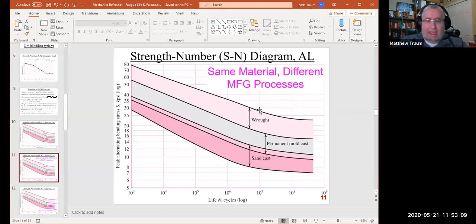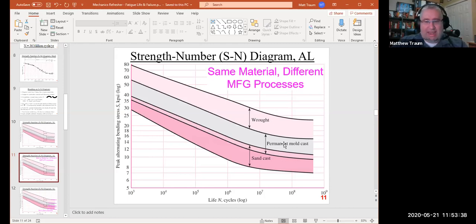In a way, this is actually pretty cool, because these behave exactly the way that you would expect them to. You have a higher failure strength the more that you pressurize or beat on the part. If you've got a wrought aluminum part, you're pounding it over and over again, and so you're making it stronger, and so this curve is higher.